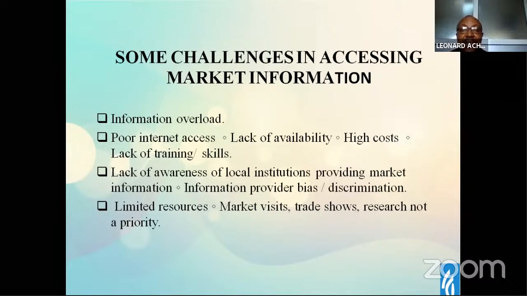And when you know the challenges before you begin, I think you are halfway in solving your problem, because you take some precautionary measures to be able to achieve your objectives. When you are embarking on market research or trying to assess market information, you have what we call information overload. You have so much information that you get confused at the end of the day, which to use, which is relevant.